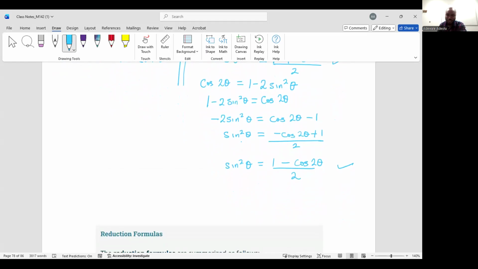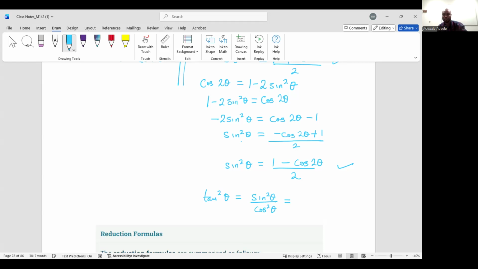And now, for tangent squared of theta, we can do the same thing. We can say this is sine squared of theta divided by cosine squared of theta.